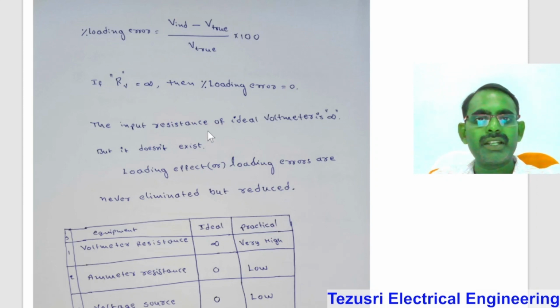But the input resistance of an ideal voltmeter is infinite, and it doesn't exist. It has some resistance, in megaohms or kilohms. These loading effects or loading errors can never be eliminated, but they are reducible.